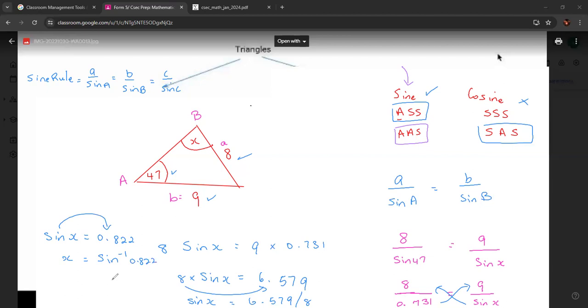So sine inverse of 0.822, and we'll get 0.7497. I'll round it up to 2 decimal places. So I got 0.75. No, that's not something wrong there.